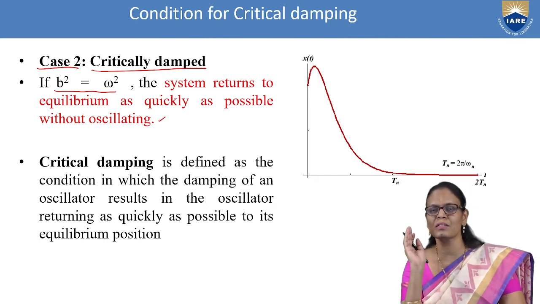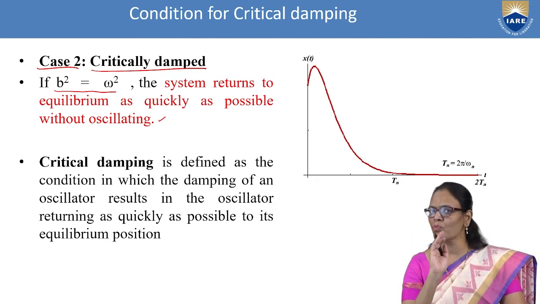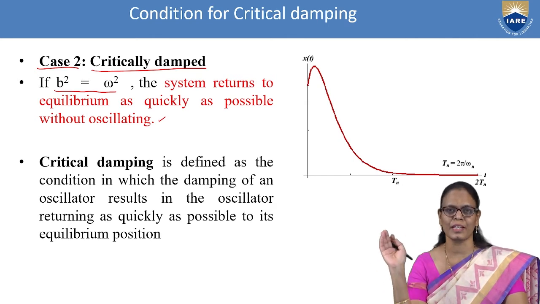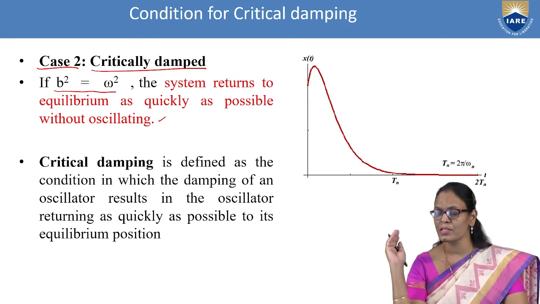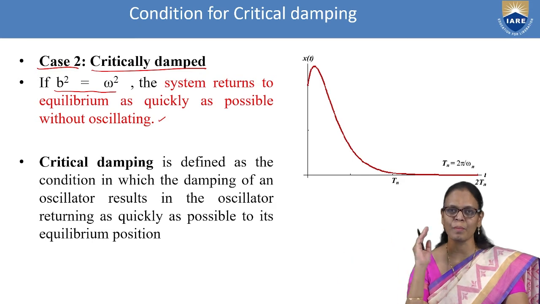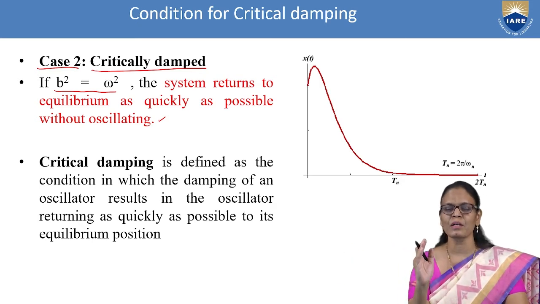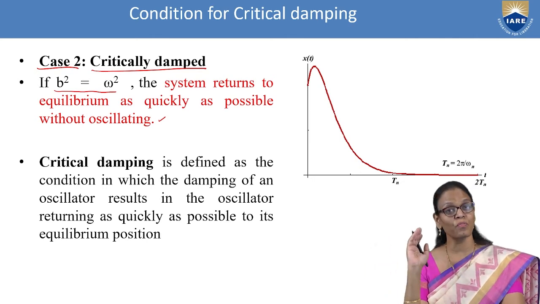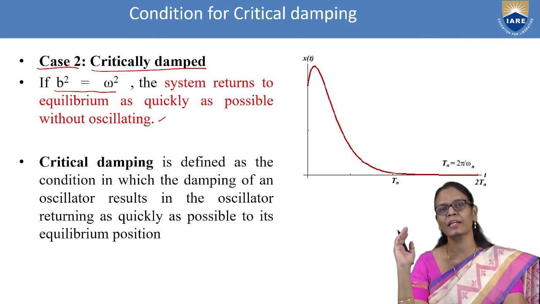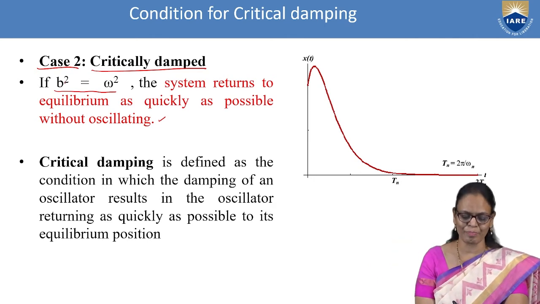Now you want a system where you don't want any kind of oscillations. Once the system is disturbed, it has to come back to its equilibrium position very quickly. Then we need critical damping. So for critical damping, the care that we need to take is to see that B square is equal to omega square.